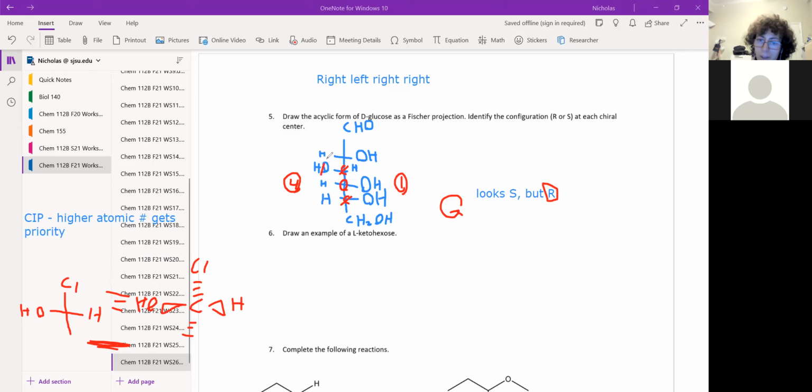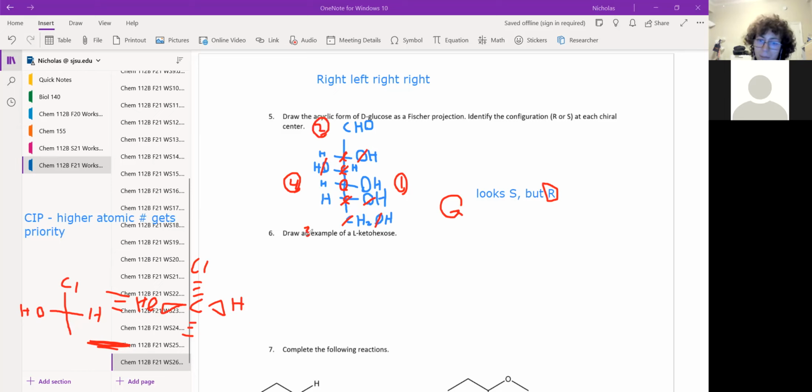And then you have an oxygen here and an oxygen here, so you can cancel those out. And then you have another carbon on the top, another one on the bottom. So you can cancel those out. Then you have an oxygen on the top and an oxygen on the bottom, so you can cancel those out. And then there's the aldehyde still. So the top is 2, yeah.